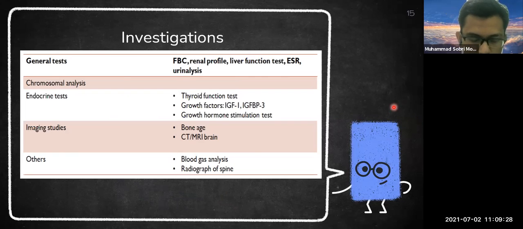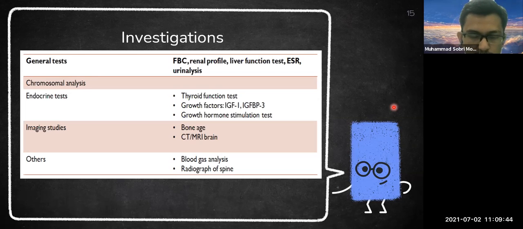Also, in most of the syndromes that cause short stature, you have a genetic mutation in the chromosome. So chromosomal analysis is important to diagnose.